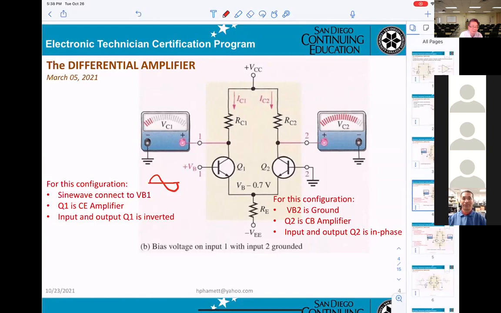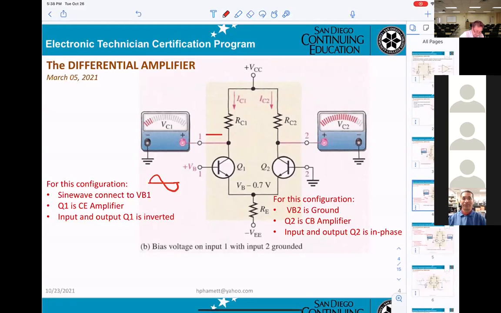Yeah, common emitter. You understand that correct answer? If you go back to the common emitter, you understand the input is applied to the base, and the output is from the collector. So at the collector, you can also get the sine wave.